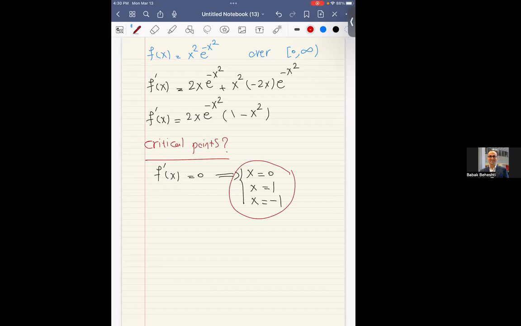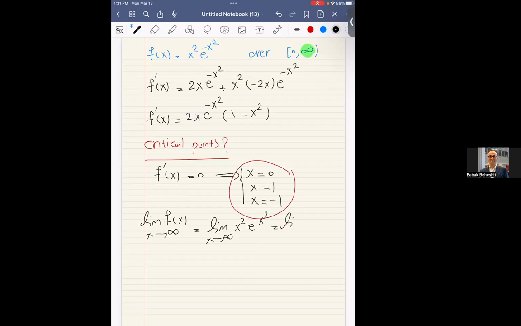Now remember that the next and the last step is to list all the critical points plus the endpoints and find the value of f, the function, at those points. Here, one of the endpoints is plus infinity. So the difference is here you have to compute a limit of this function when x approaches infinity. So when x is plus infinity, what is the limit of this function? It's the limit of x squared e to the power minus x squared as x goes to infinity.